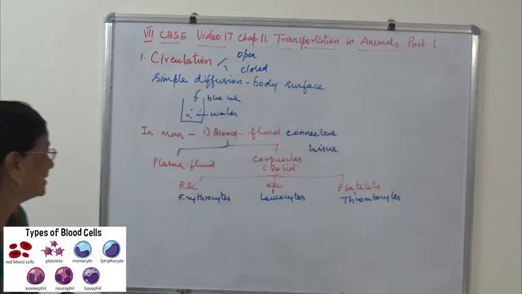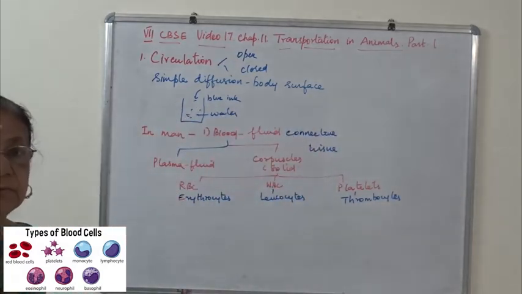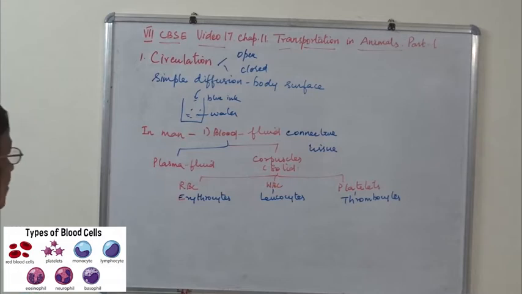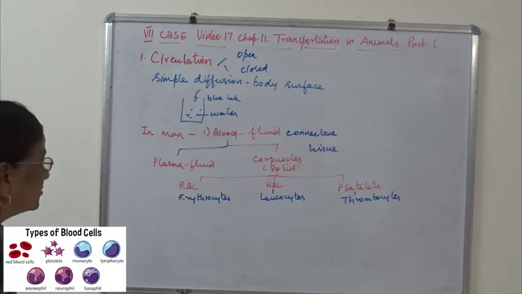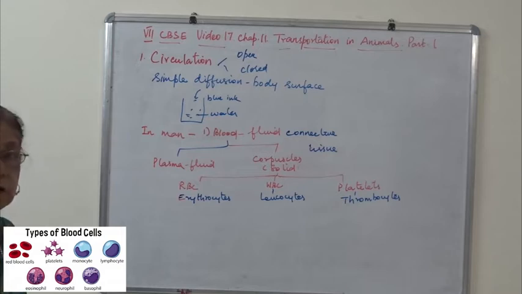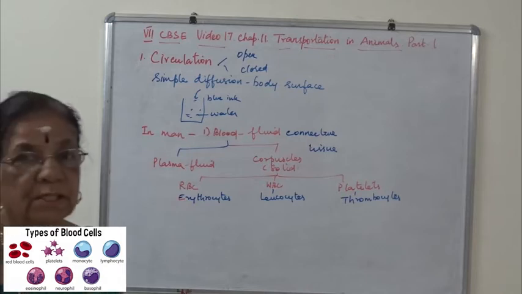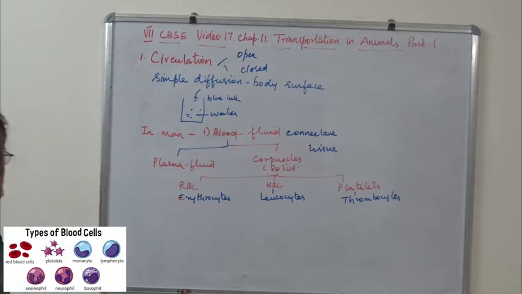I repeat, blood is a fluid connective tissue with a fluid portion, blood plasma, and a solid portion, blood corpuscles. These corpuscles are RBC, red blood corpuscles, WBC, white blood corpuscles, and blood platelets.